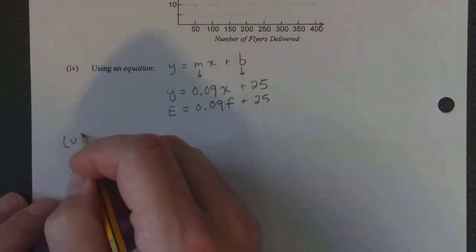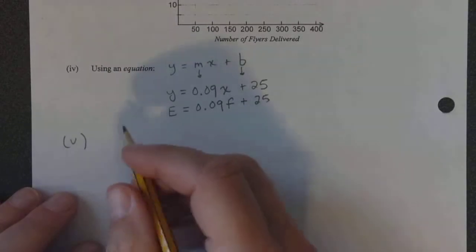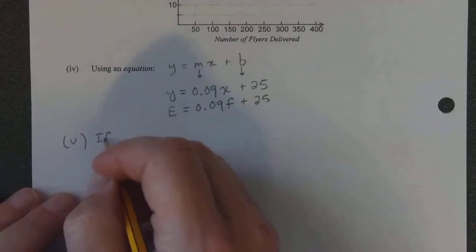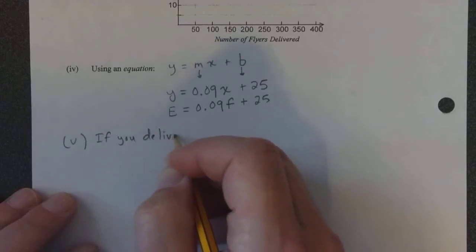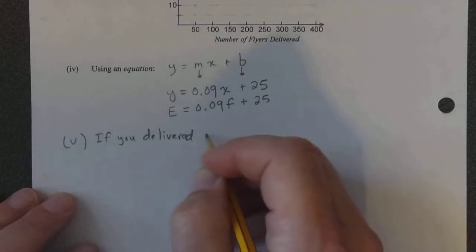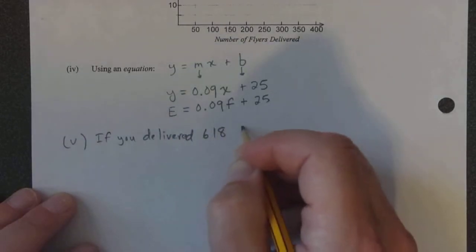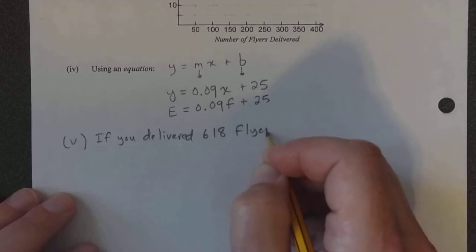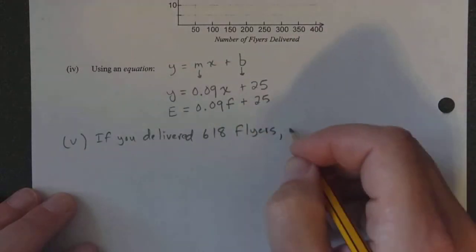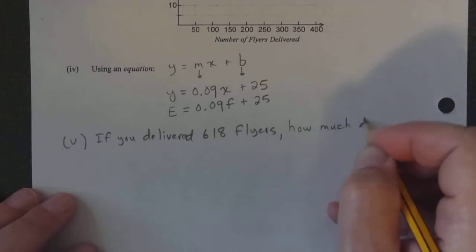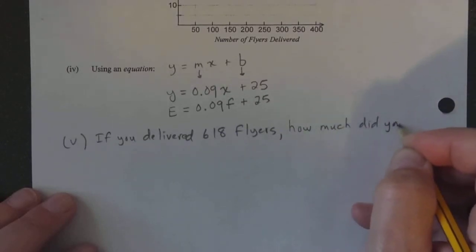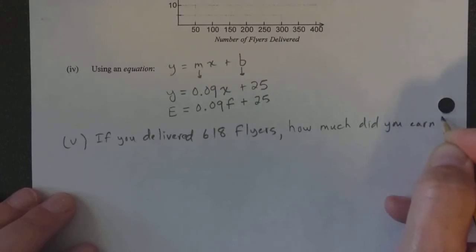Now let's add another question over here, which you're going to get in the textbook. So let's call it Roman numeral 5. And let's write, if you delivered 618 flyers, how much did you earn?